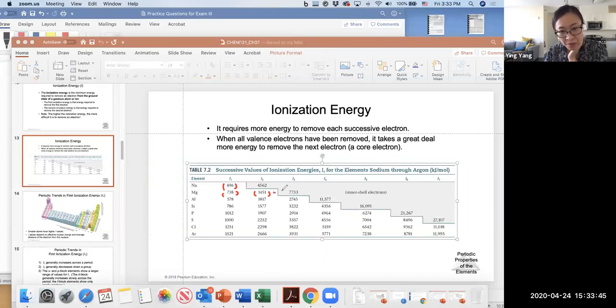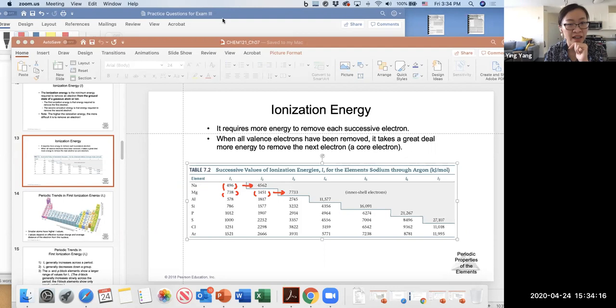However, whenever we go from the valence electrons to the inner shell or core electrons, there is a really sharp increase in ionization energy. So when the second electron to be removed is an inner shell electron, it will have the highest ionization energy.